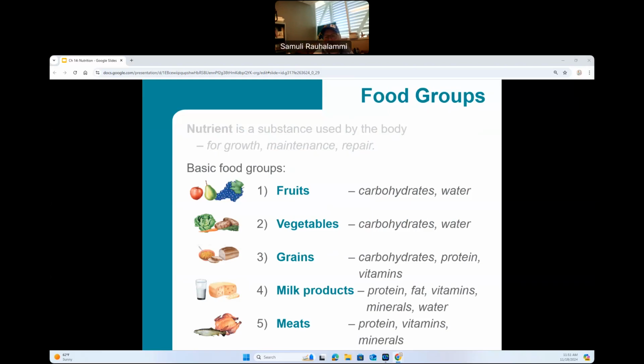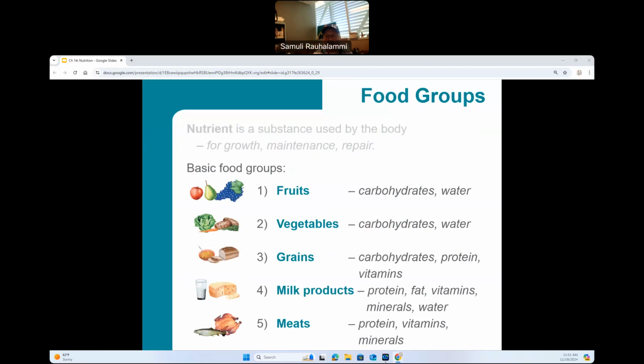Then we have our grain products. With these, I think it's worthwhile to think that preferably we would like to have whole grain. Otherwise, we prefer enriched or fortified sources like breads, rolls, bagels, dry and cooked cereals, pasta, rice, and other grains, tortillas, pancakes, waffles, crackers, popcorn, things like that.